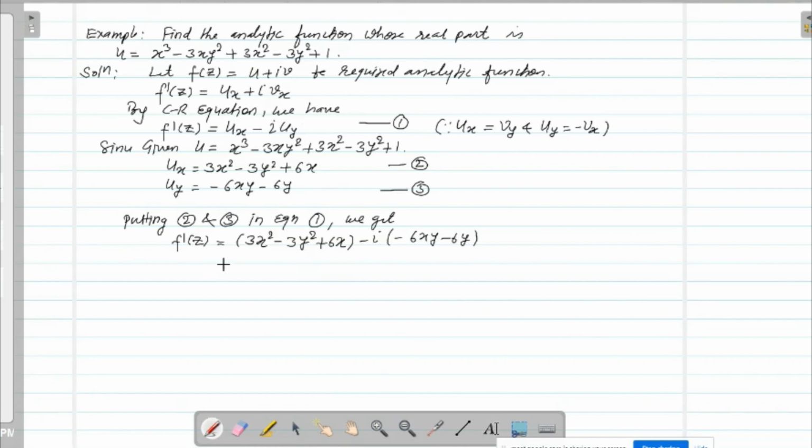Simplify this: 3x square minus 3y square plus 6x, plus i times 6xy plus 6y. Now take common: 3 times x square minus y square plus 2x, plus i times 6 times xy plus y.